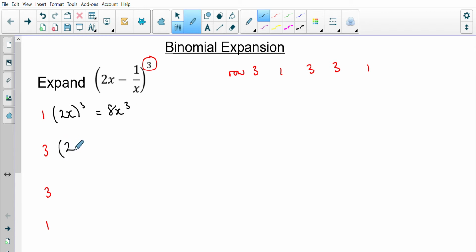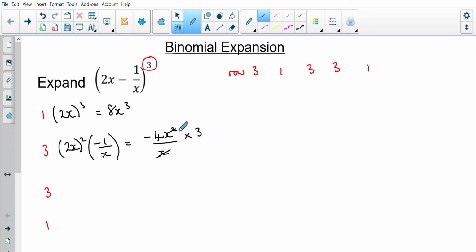Second term in the expansion, 2x squared multiplied by minus 1 over x, so that gives minus 4x squared. So I've got my 2 squared is 4, my minus from here over x, and we have to remember to multiply by the 3.